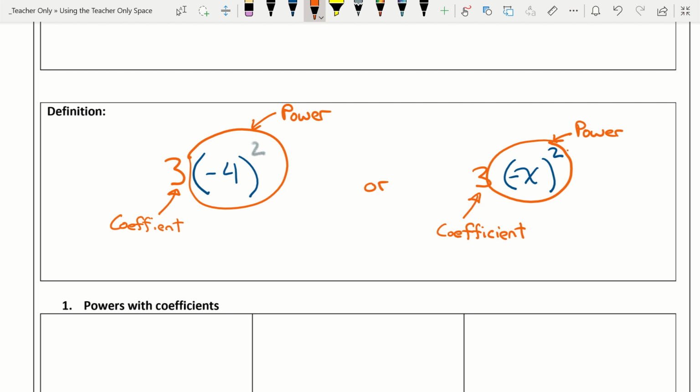Inside, we have this negative 4, which we call the base. Likewise, this negative x, we also call a base. The 2, we call that the exponent. And here, we call that the exponent as well.